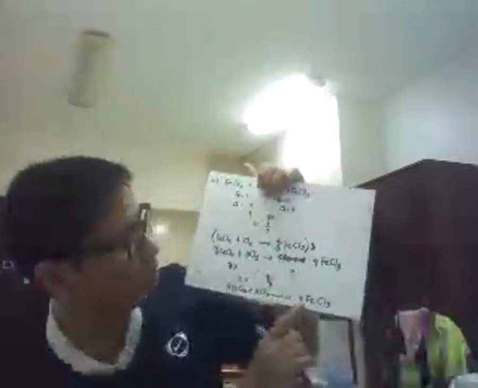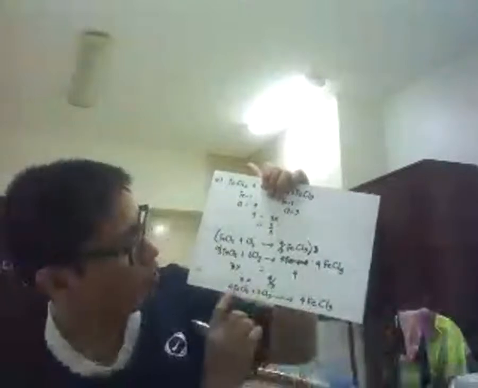So 4 ferrous chloride plus 3 chlorine gas is equal to the product. The iron is already balanced, 4Fe and 4Fe.